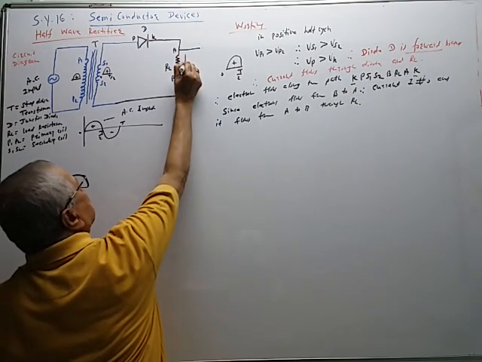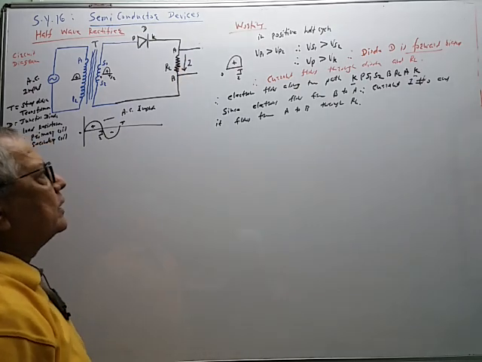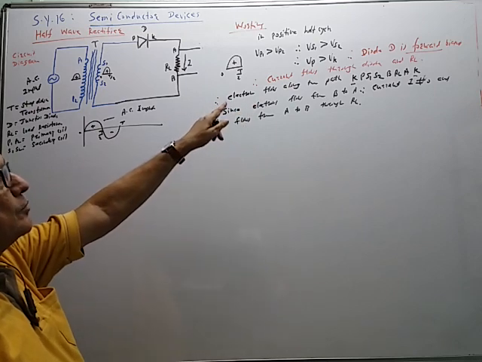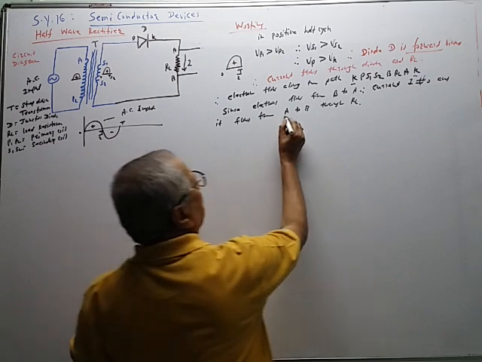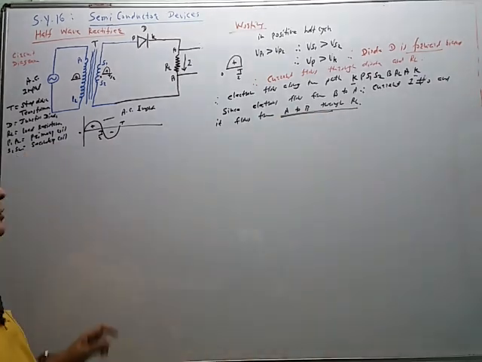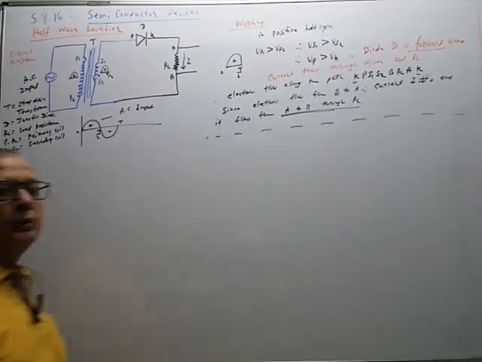So I will show this current. In positive half cycle we get the current. What is the conclusion? Diode D is forward biased and current flows through the diode and RL, and it flows from A to B like this. So this is the working in the positive half cycle.